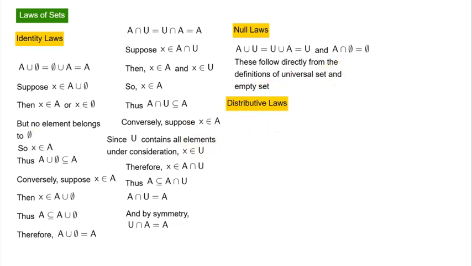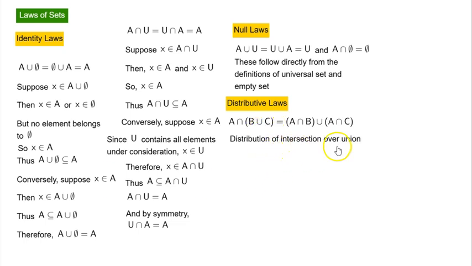Then we have distributive laws. A intersection (B union C) will be equal to (A intersection B) union (A intersection C). So what are we doing here? We are distributing intersection over union.